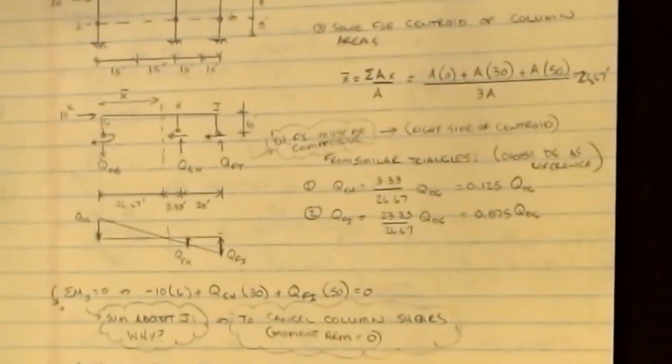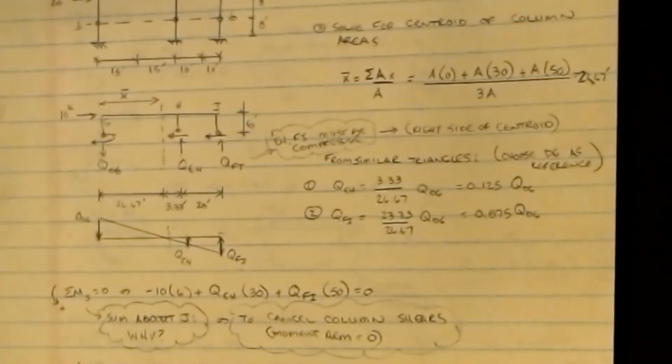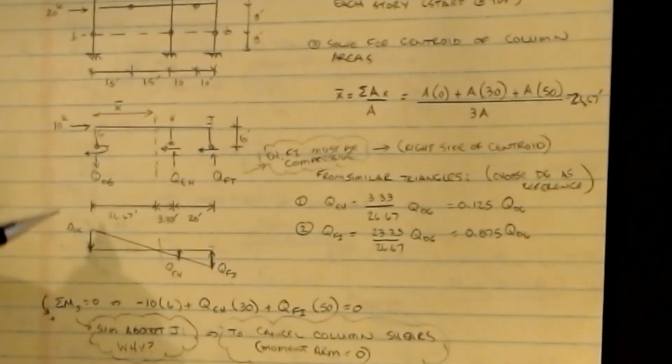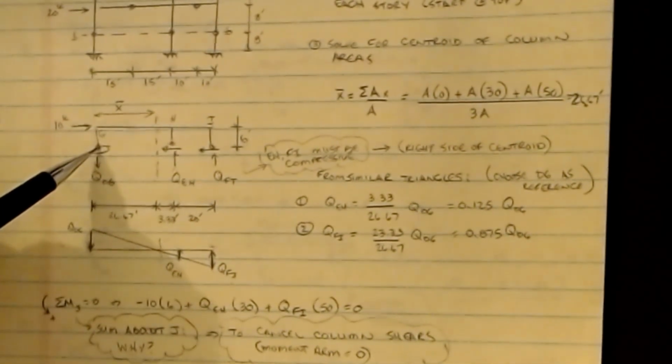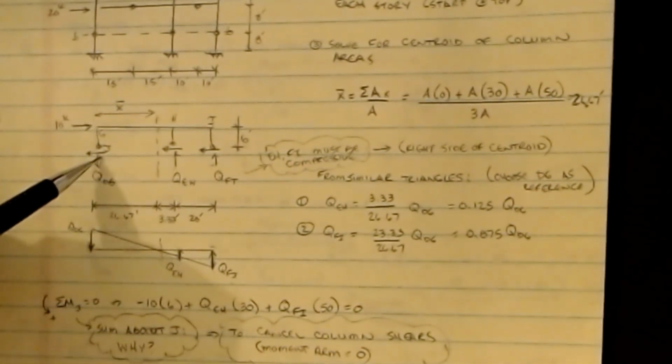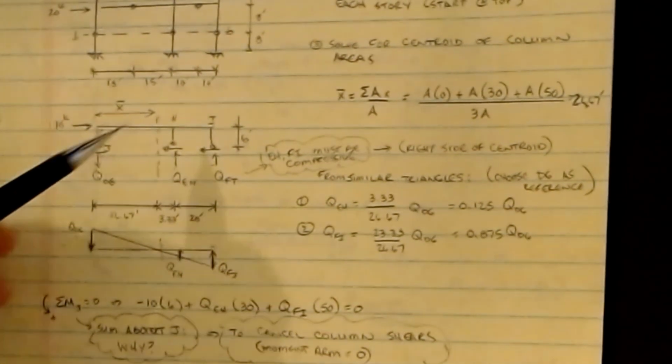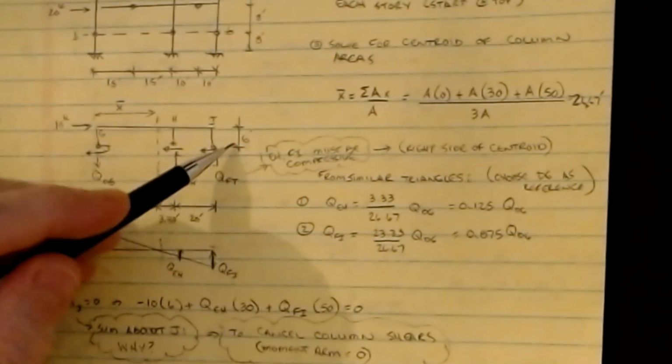All right, so what I'm going to do on this is sum moments, and I chose to sum moments about point J, which would be this hinge here. Relative to this free body diagram, I now get 10 kips times that 6-foot dimension, because that hinge was put at the half height.